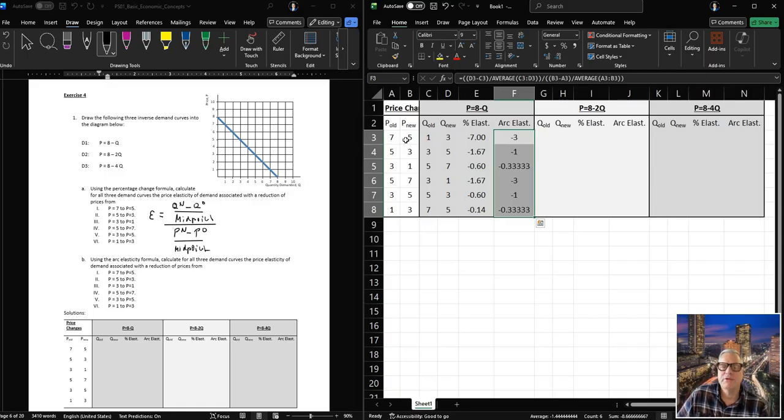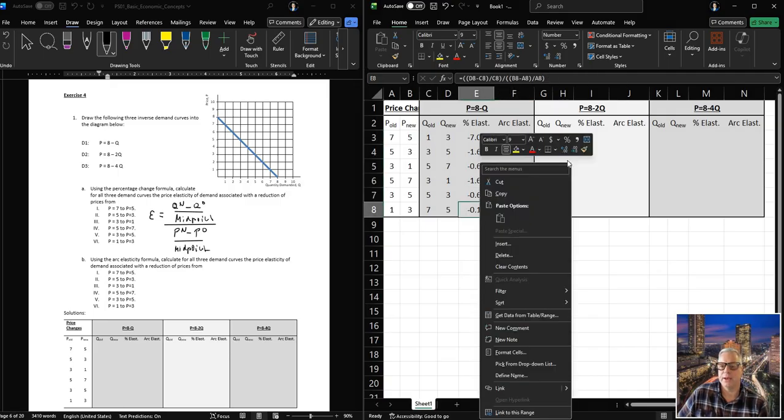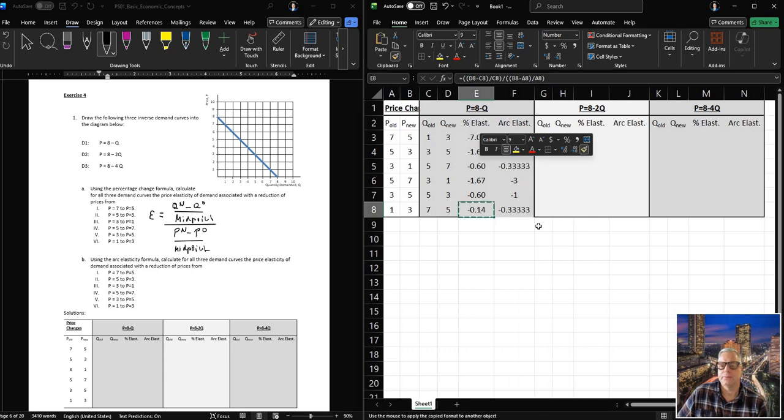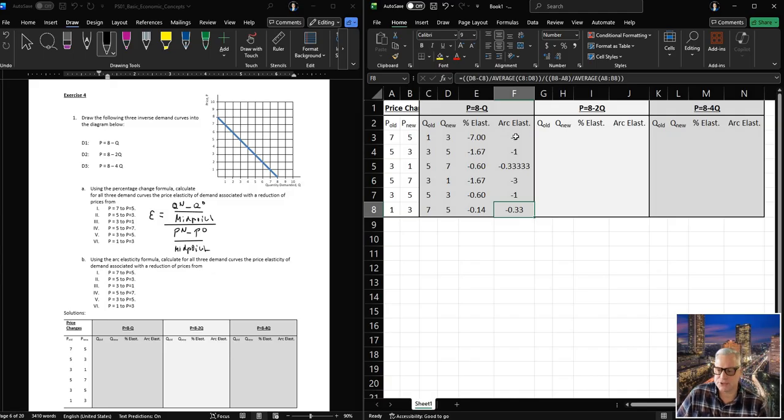And now you see when we lower the price from 7 to 5, we get -3. And if we go back up from 5 to 7, we get again the -3. So we get the same elasticity, which is what we like.